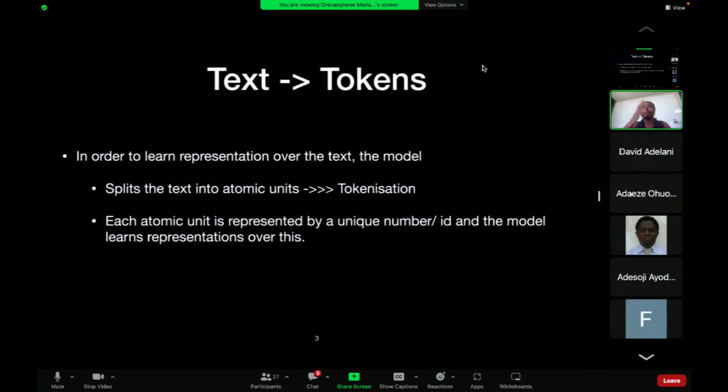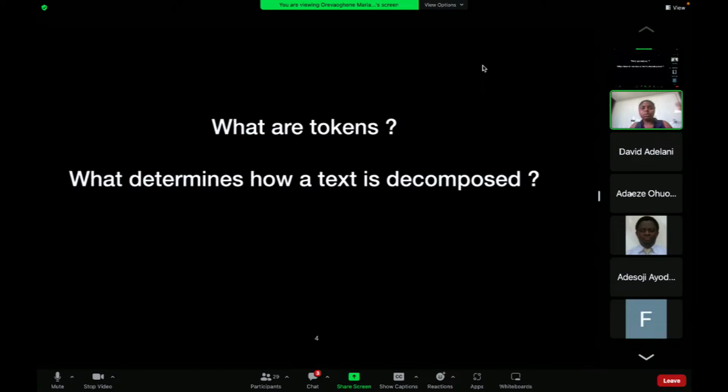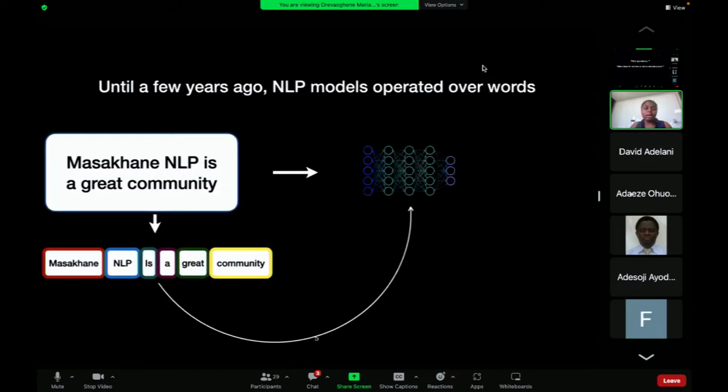So if I had a sentence like, Masakhane is so great, I have a mapping from Masakhane to some number, and then my model learns representations over this. So what are these tokens, and what determines how a text is decomposed?